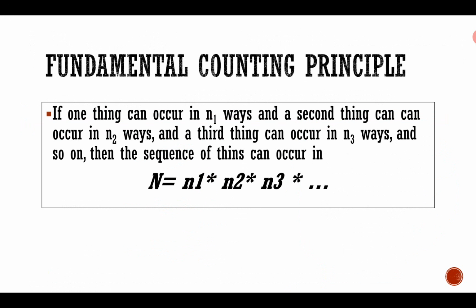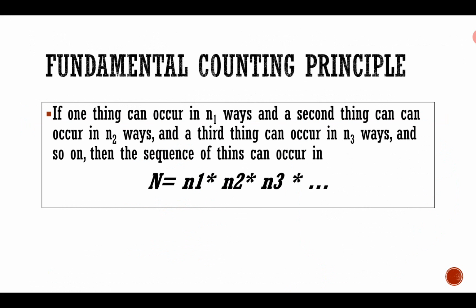Okay, let's look. So, here's our rule for the fundamental counting principle. If one thing can occur in n1 ways, and the second thing can occur in n sub 2 ways, and the third thing can occur in n sub 3 ways, and so on, even for any number of things, up to let's say positive infinity, then the total number of ways the sequence can occur equals n sub 1 times n sub 2 times n sub 3 and so on and so forth.